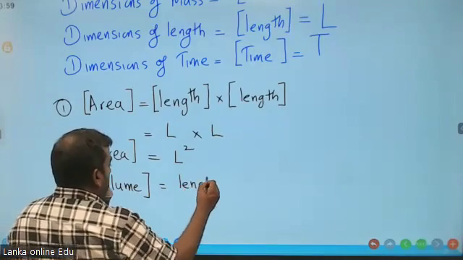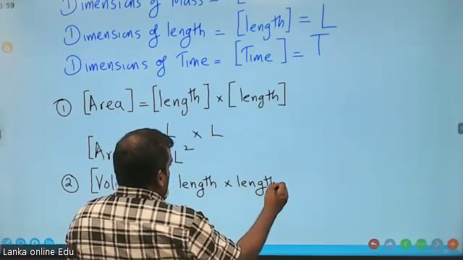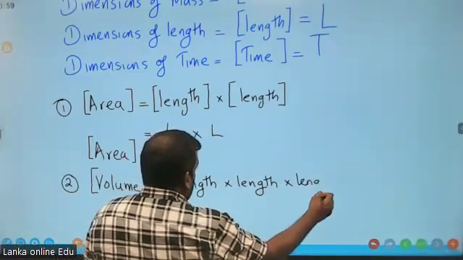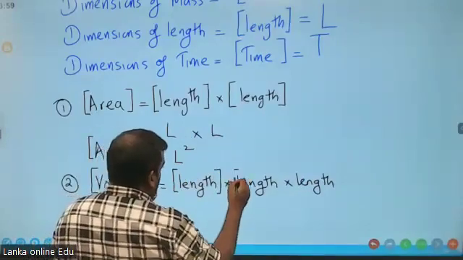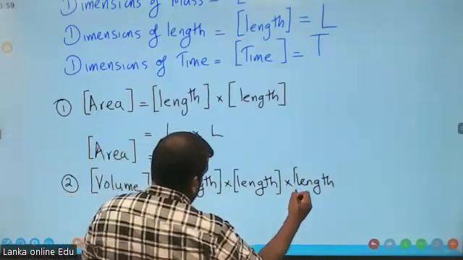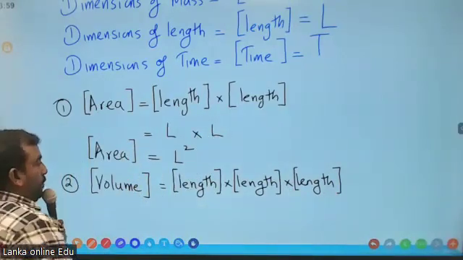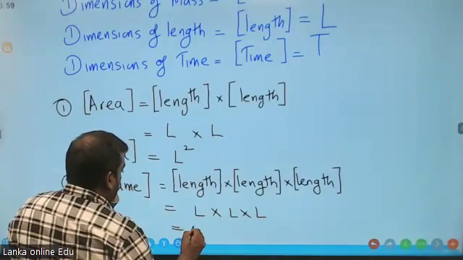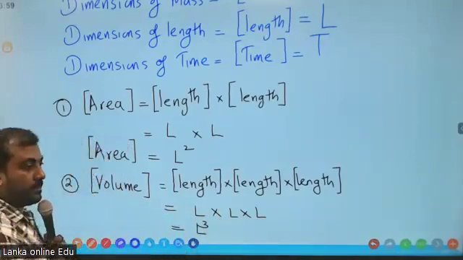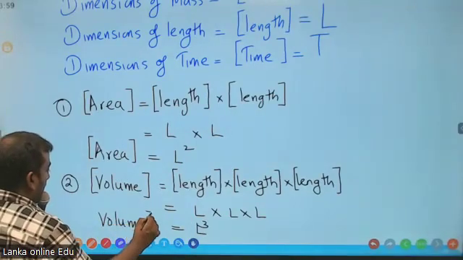Length multiplied by length multiplied by another length. What's the dimension of length? L into L into L. What is it? L cube. So dimension of volume is L cube.